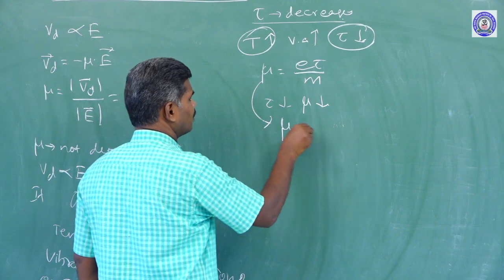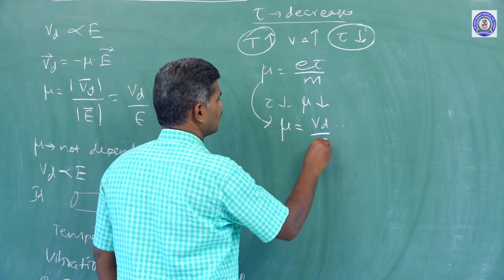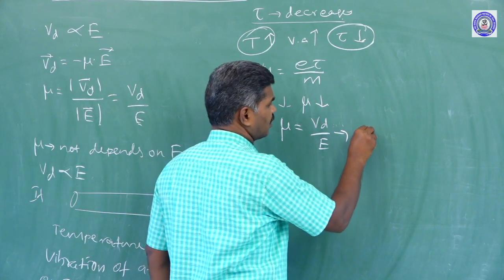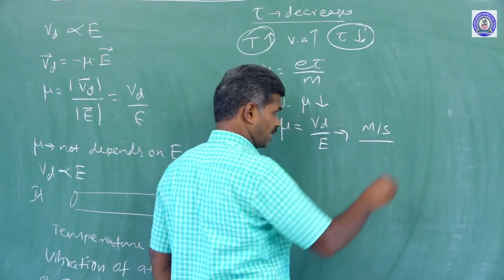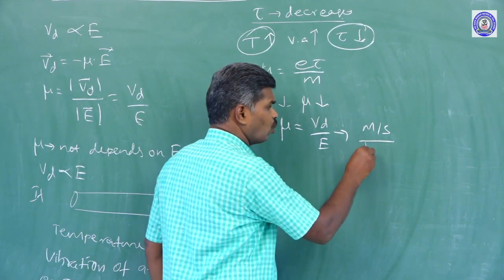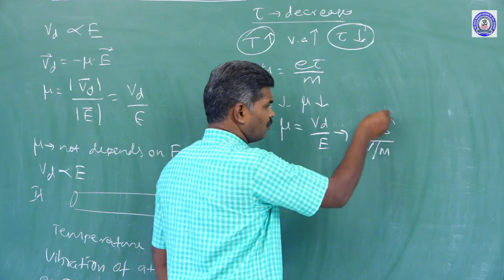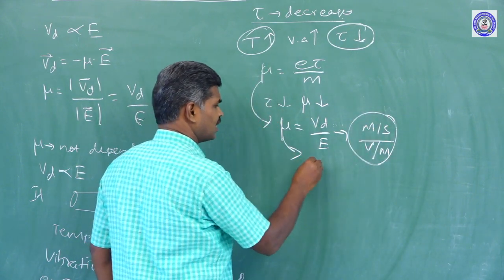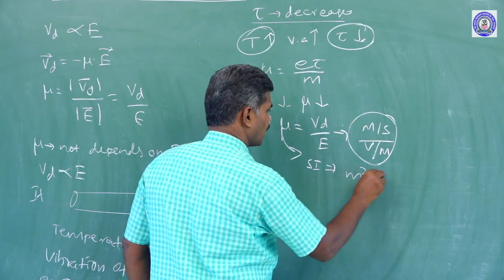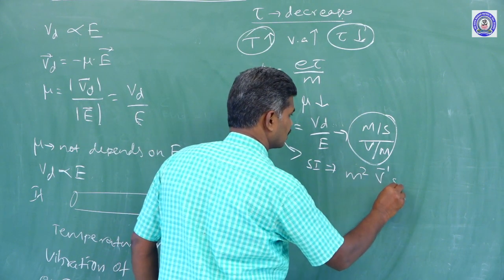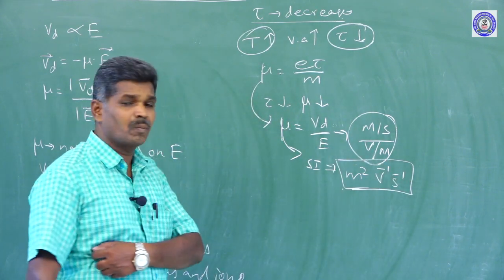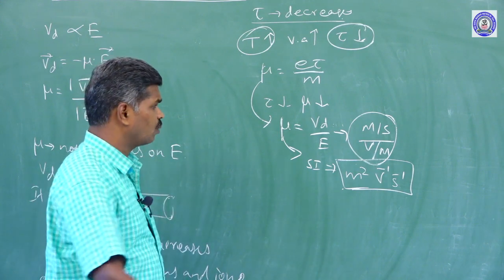Based on the formula mu is equal to Vd by E, Vd is a velocity, meter per second, divided by the electric field E, which has the unit volt per meter. If you rearrange that, the SI unit of mobility is meter squared volt power minus 1 second power minus 1.